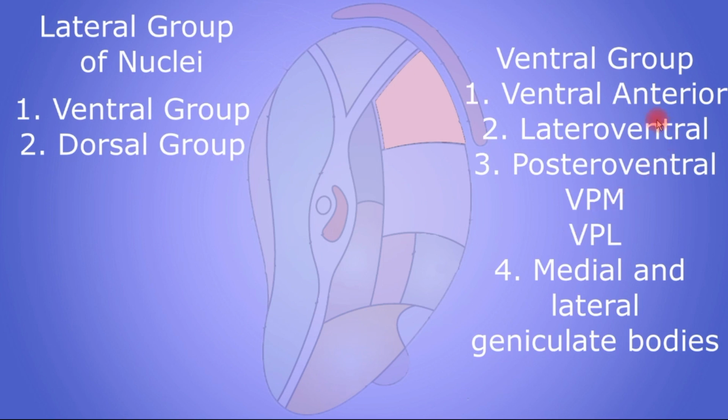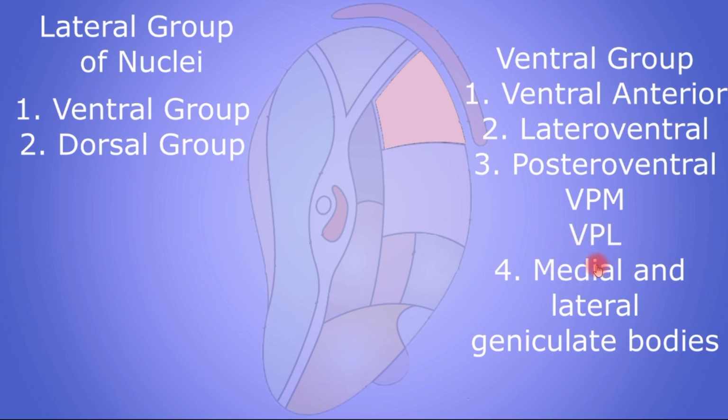When we look at the ventral subdivision of the lateral group of nuclei, there are a few nuclei. These are the ventral anterior nucleus, the ventral lateral, otherwise called the lateroventral nucleus, and the ventral posterior, otherwise called the posteroventral nucleus, which is further subdivided into the ventroposteromedial and ventroposterolateral nuclei.